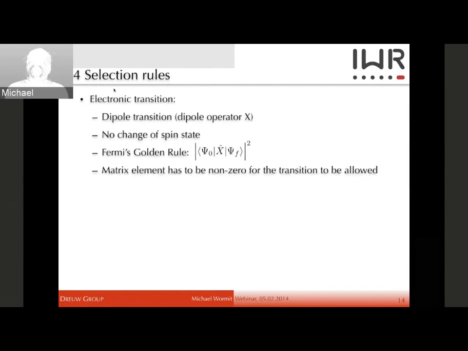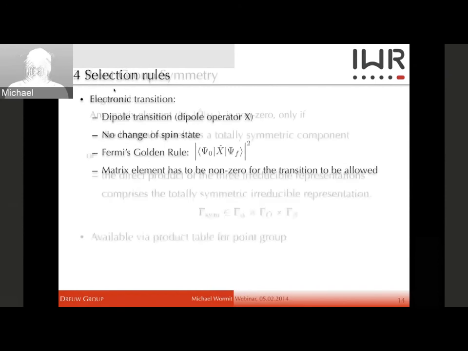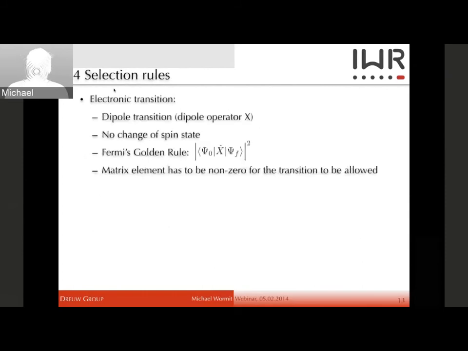And with this you also get similar selection rules. For electronic transitions, for example, you usually have dipole transitions using the dipole operator, which is just the x operator with some prefactors, and the x operator doesn't contain spin, so you don't have a spin change.